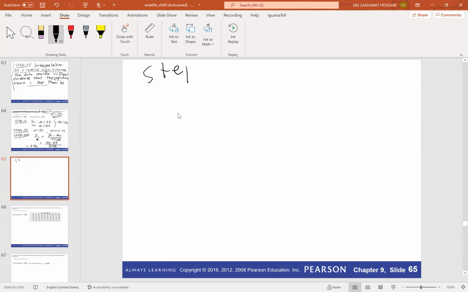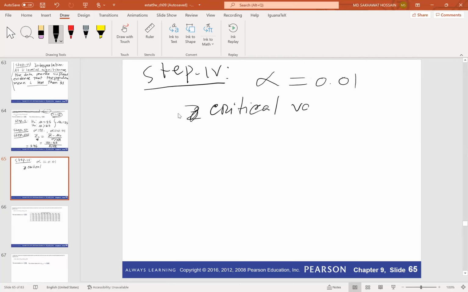So step 4, find the critical value. Look at the alpha value, which is 0.01. Since this is a right tail test, the critical value is Z alpha, which is 2.33. You will get this value from the Z table for alpha equals 0.01.